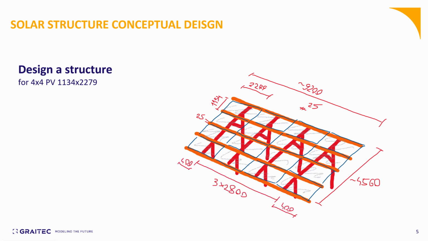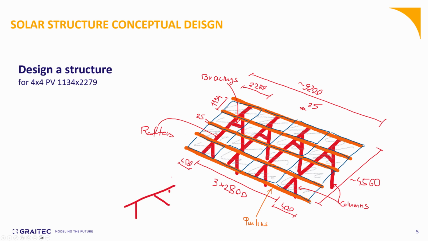In total, you see the spans here, and we will assume that we also have some overhangs on two sides. As you see here, I have my purlins, added some bracings in this conceptual design, the rafters, and also you see the columns here, and I also have a side view of the frame structure supporting the purlins.